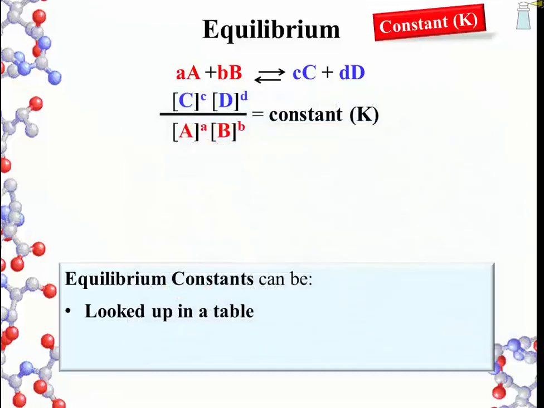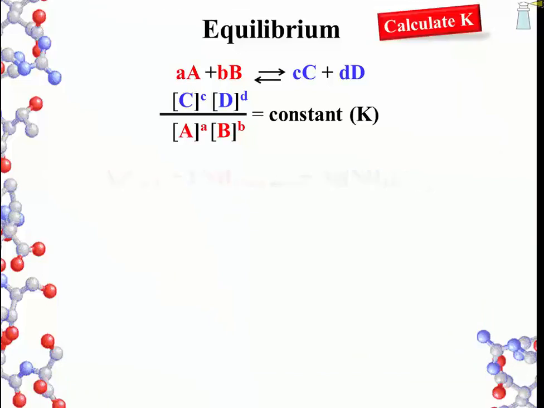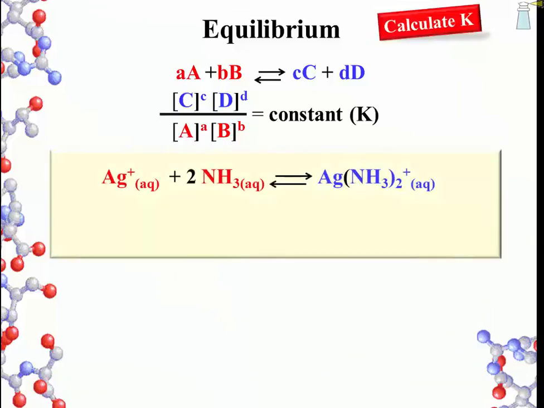The other way to calculate the equilibrium constant is by using the equilibrium expression and the given concentration values. It's not as bad as it seems, and we'll do a couple calculations to back that statement up. Take the reaction of silver ion with aqueous ammonia, forming the complex ion diamine silver.